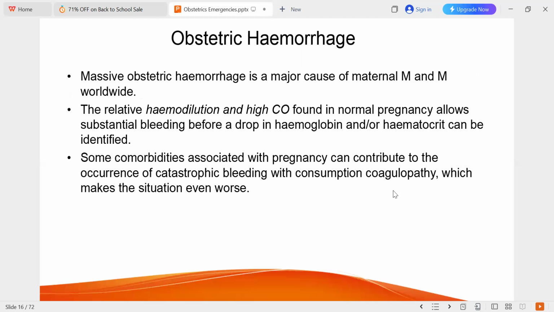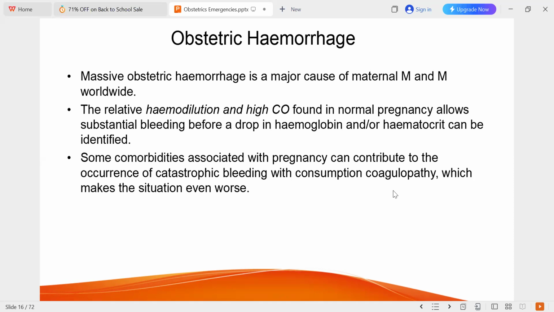All right. So massive obstetric hemorrhage is a major cause of maternal morbidity and mortality worldwide. But the relative hemodilution and high cardiac output occasioned by physiological changes in pregnancy allow substantial bleeding to occur during labor before a significant drop in hemoglobin concentration.